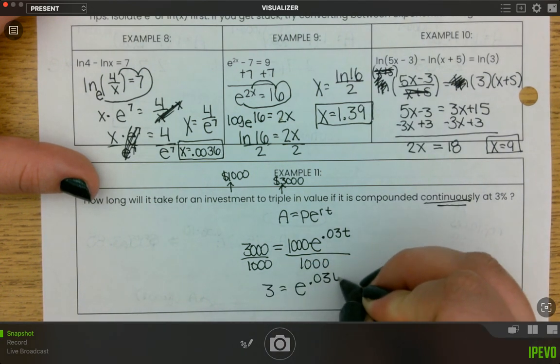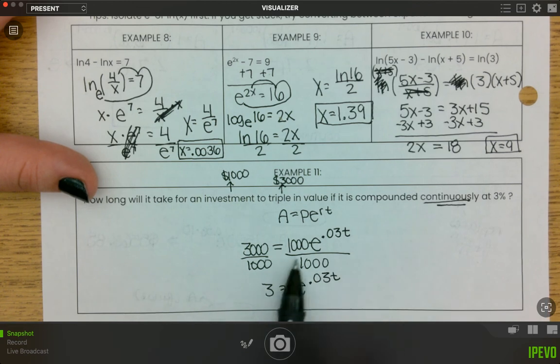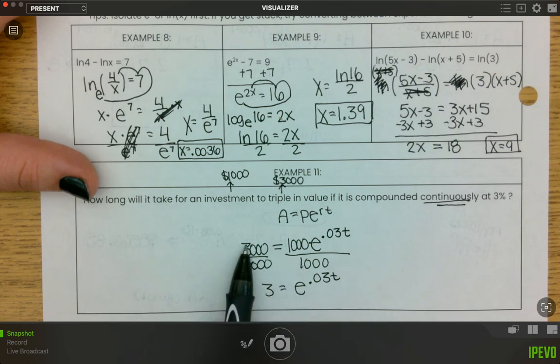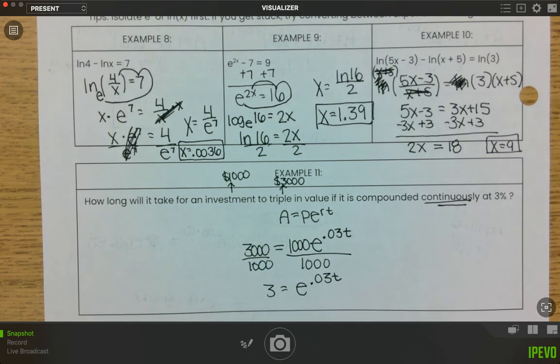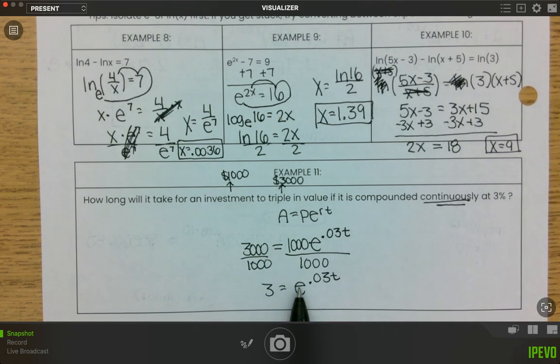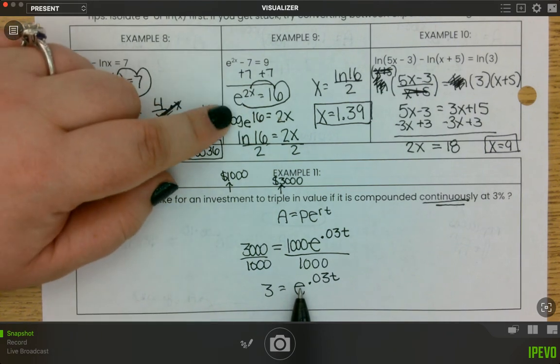And that's why it didn't matter how much I picked, because since I tripled it, this is going to equal 3 no matter how much I actually had, because this is just this times 3. And then we're stuck. We don't know how to get that out of the exponent, except we can use the log like we did here.